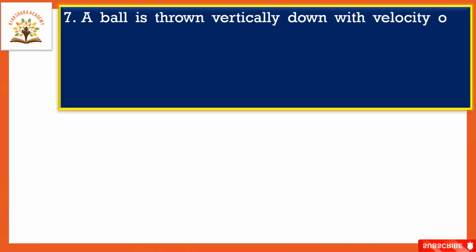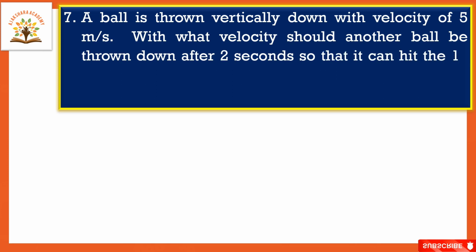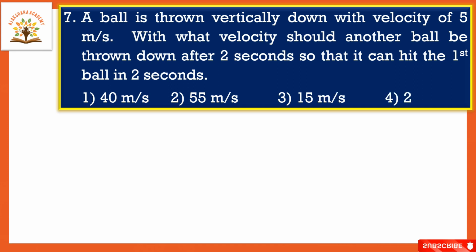A ball is thrown vertically down with velocity of 5 meters per second. With what velocity should another ball be thrown down after 2 seconds so that it can hit the first ball in 2 seconds? Okay, let us go to the solution.